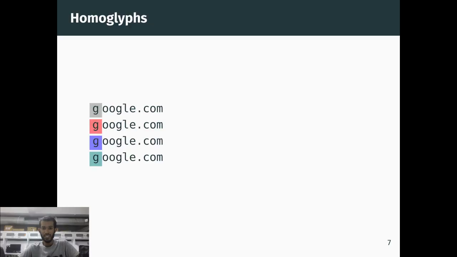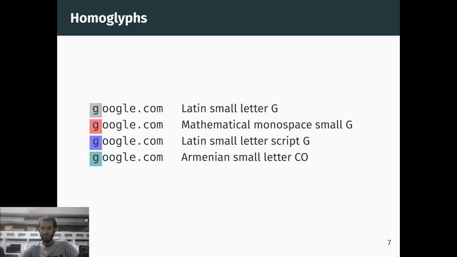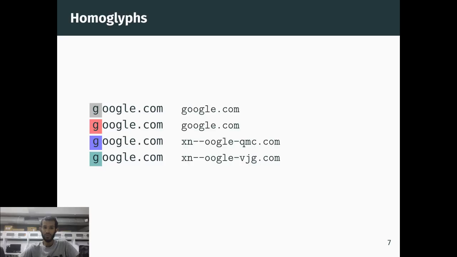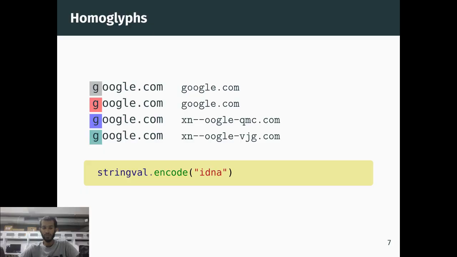They all are different strings which differ in the first letter, which are these. But it's okay, as a matter of fact, because domain names translate to an ASCII form called Punycode for DNS purposes. So all except the first two do not go to google.com. It's something else. You can get this Punycode form using this in Python.